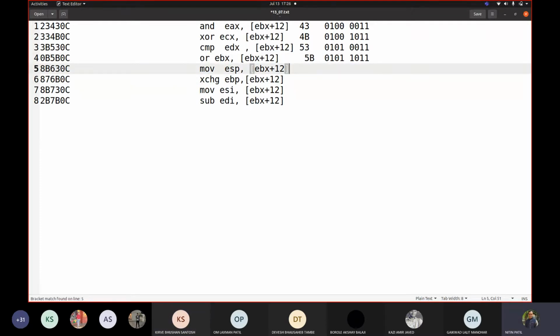Very good. Correct? Next 63. 0 1 1 0 and 0 0 1 1. Correct? Because we want 6 3.